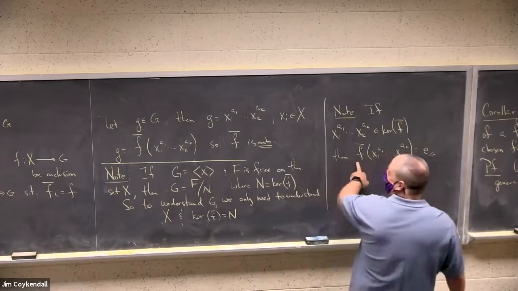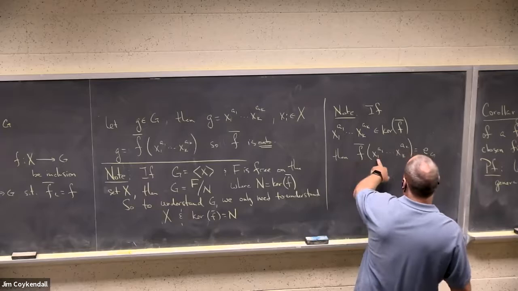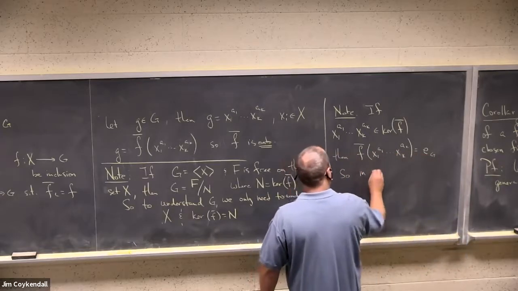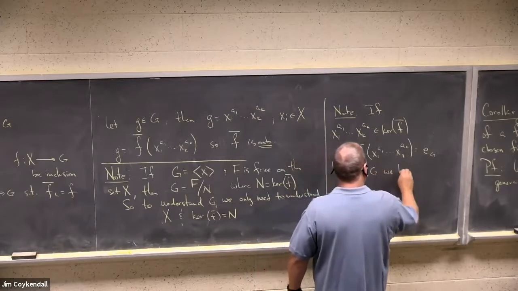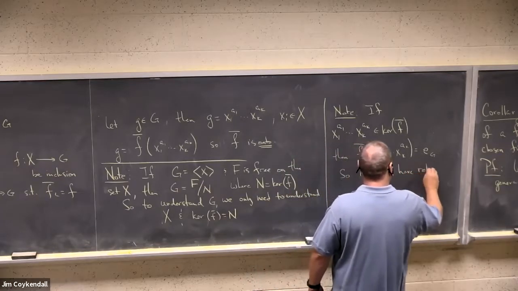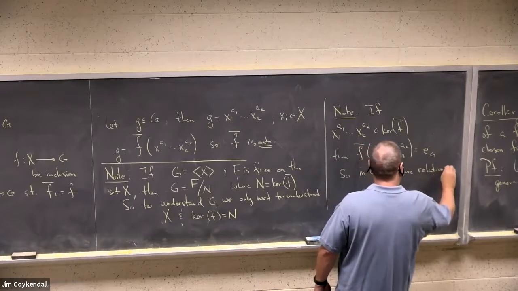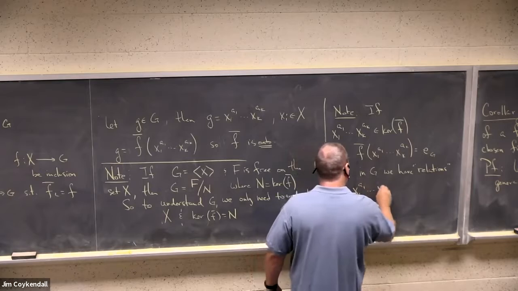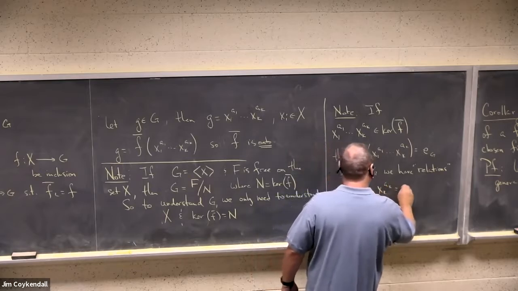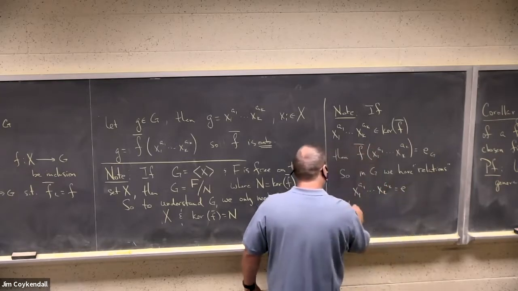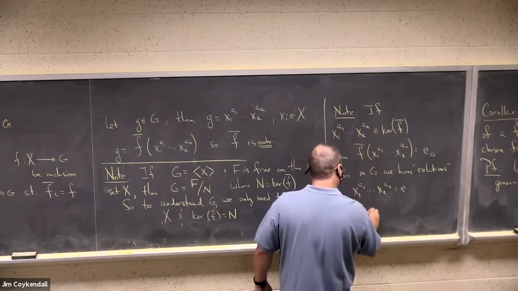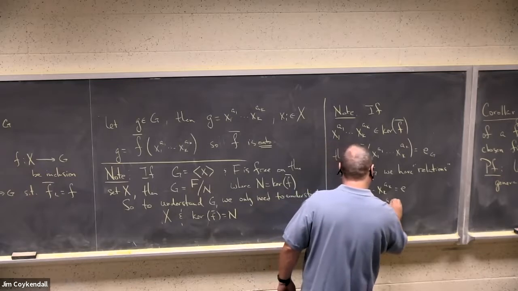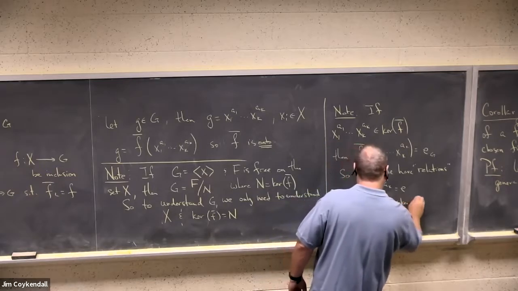And notice, by the way, that what this map did is just take everything to the x_i. So in G, we have relations x1^a1 up to xk^ak for all the words in the kernel of F bar.